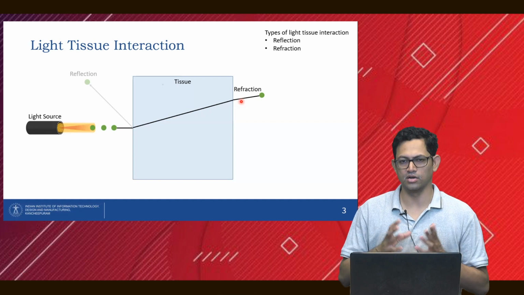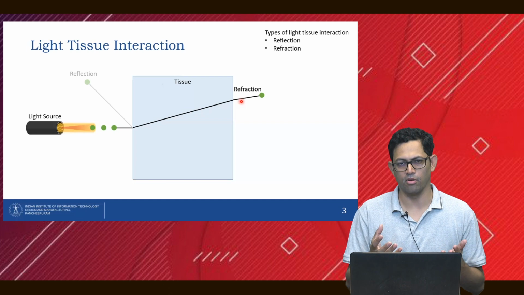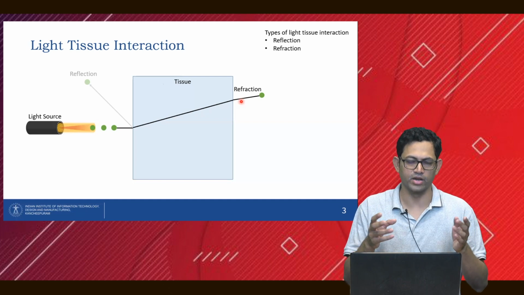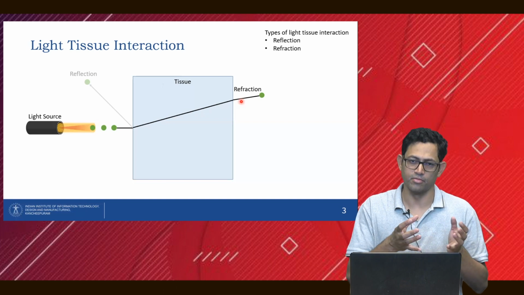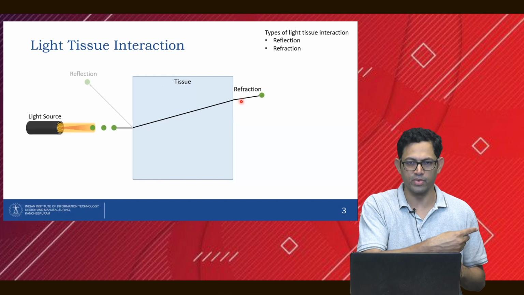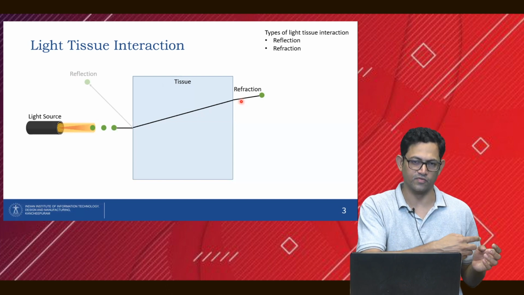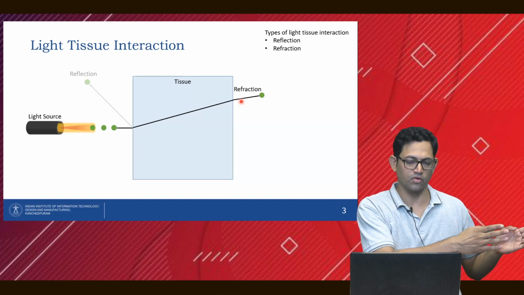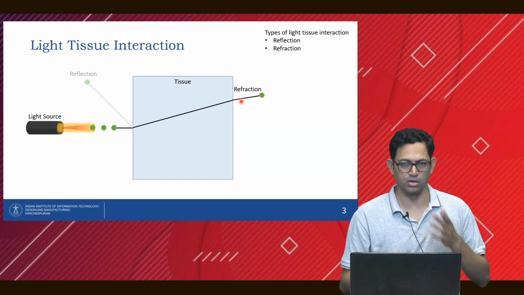Refraction occurs more or less when we have a dielectric slab, for example, a glass slide or a glass jar, right? If you shine the laser on the glass jar, you will see that it will actually bend, and if there is water inside that glass jar, it will bend further, and then once it comes out of the glass jar, it will again bend in its original direction, right?